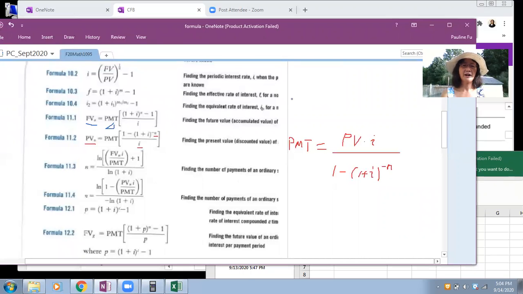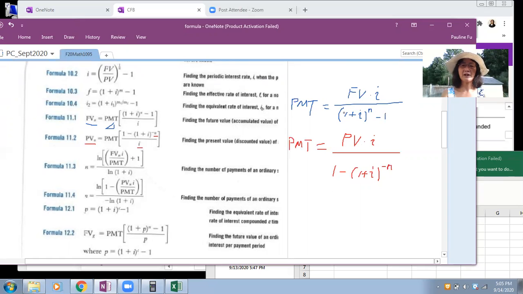Okay, so when FV is given, PMT equal to FV times I divided by 1 plus I raised to power n, minus 1.